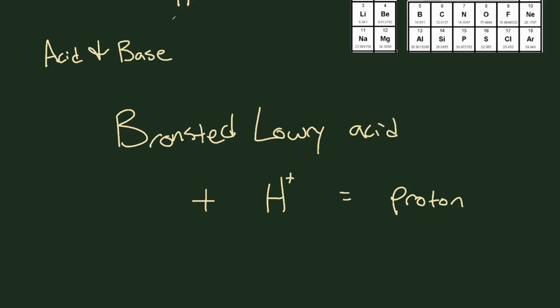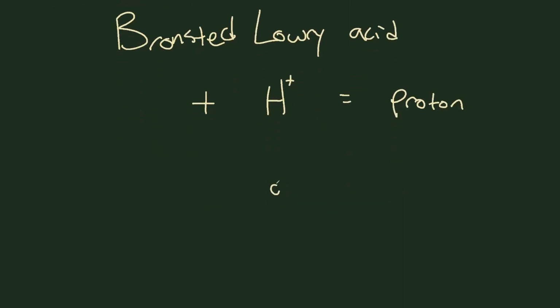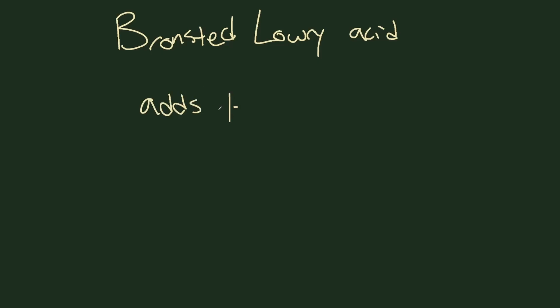Remember, hydrogen is just one proton in the middle and one electron. So if it's an ion and the electron's gone, all you have is the proton floating around. That's what they mean when they say they add a hydrogen ion. So a Bronsted-Lowry acid adds plusy. You see what I'm saying?